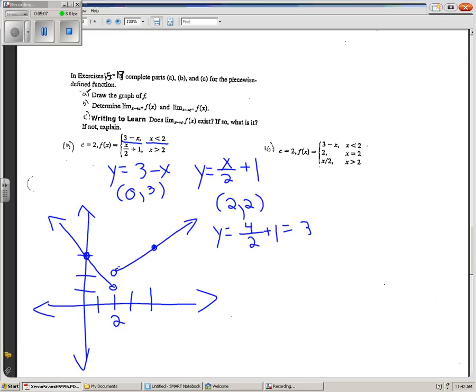So now let's use this graph to answer the limit questions. As x approaches 2 from the right, the y's are getting closer to the number 2. We could see that from our graph, or we could see that by just plugging in to this rule that they gave us.